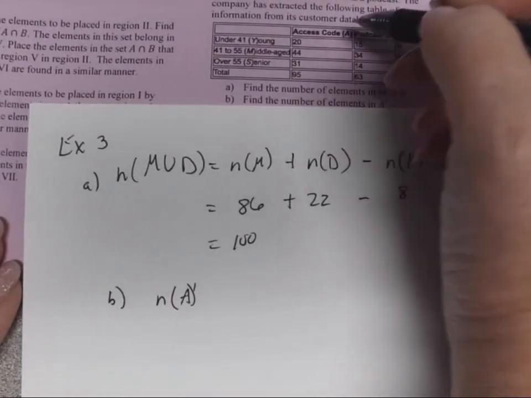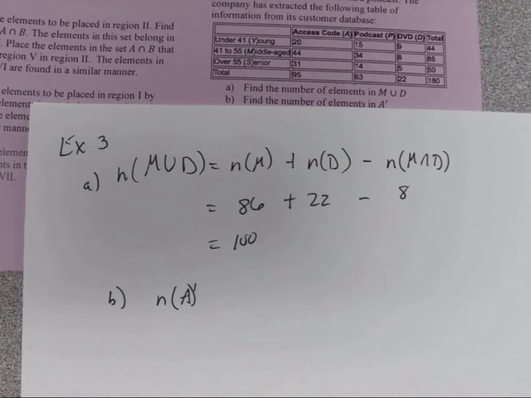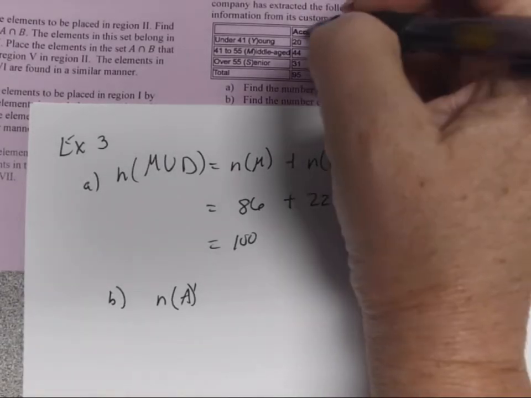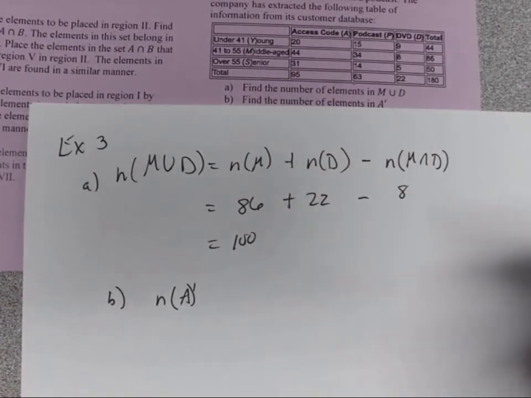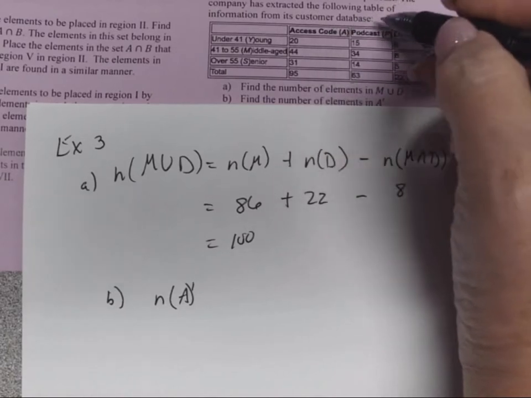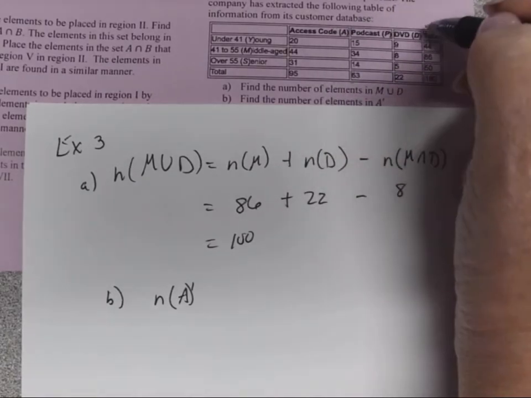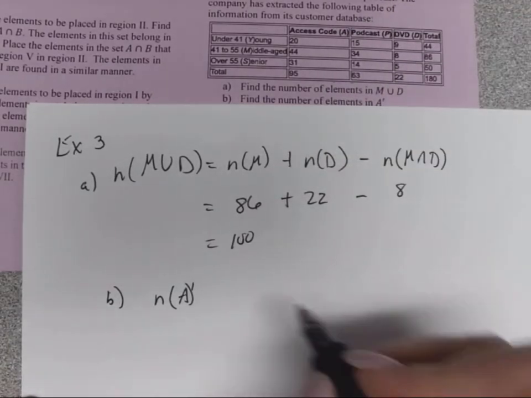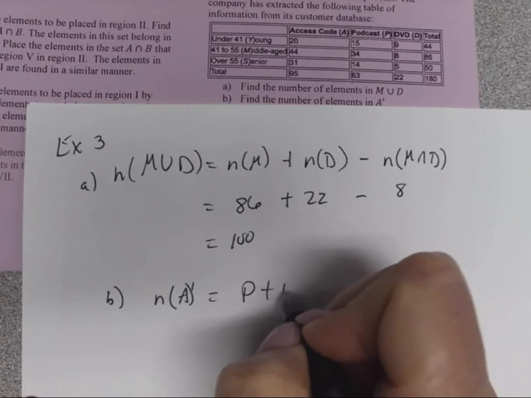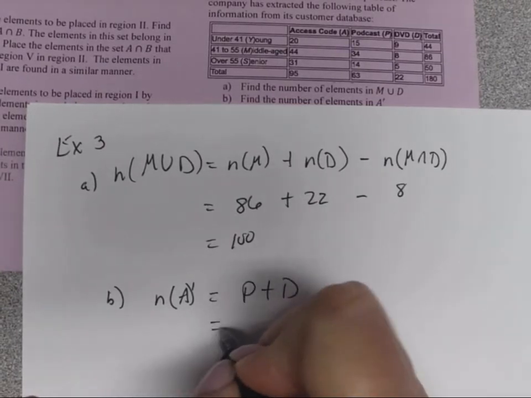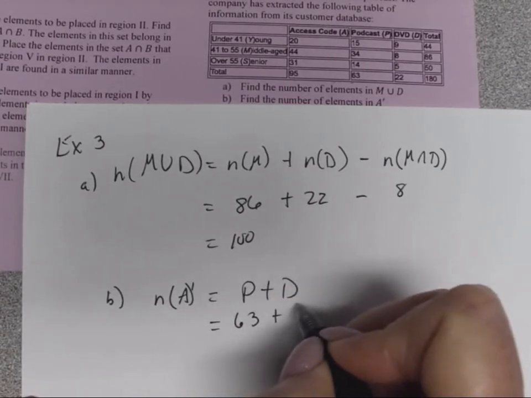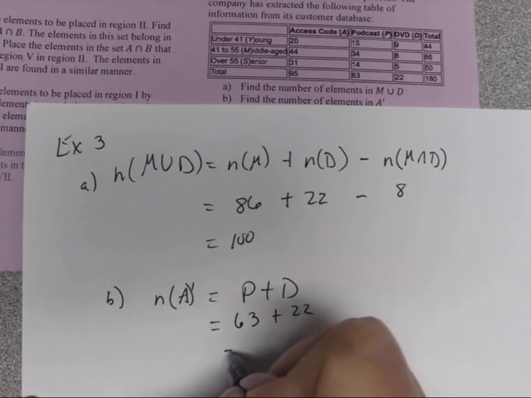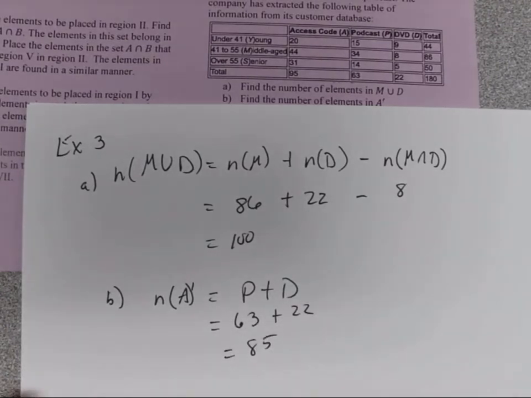So that's what A is. That means that's what we're looking for. They don't want to buy the access code, so how are we going to find that? Well, if they don't want to buy A, then they must be doing either the podcast or the DVD. So this would be equal to P plus D, which would be 63 plus 22, and that would be a total of 85.